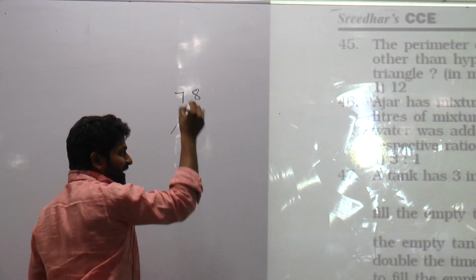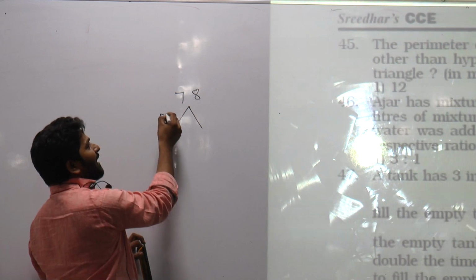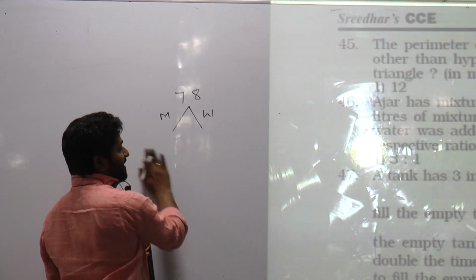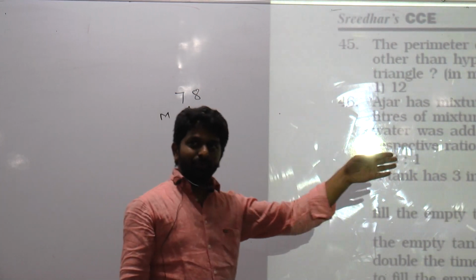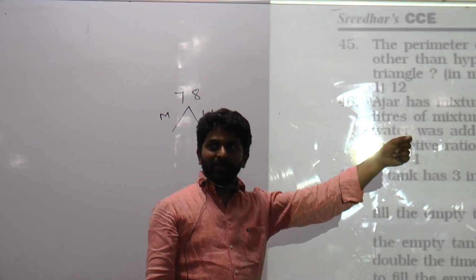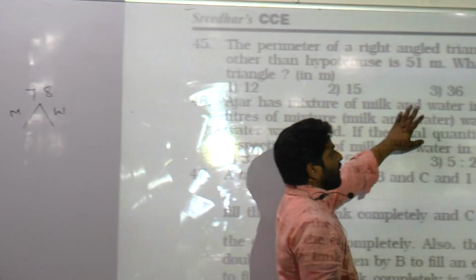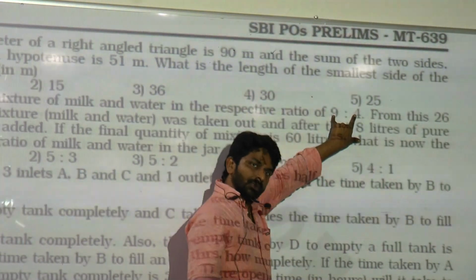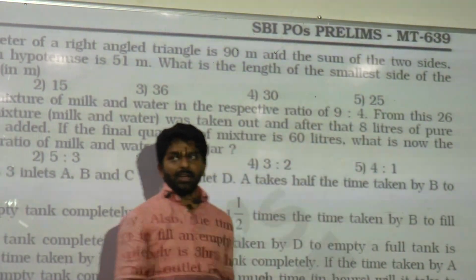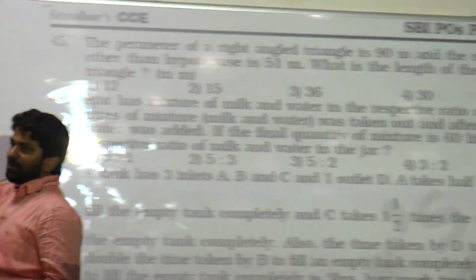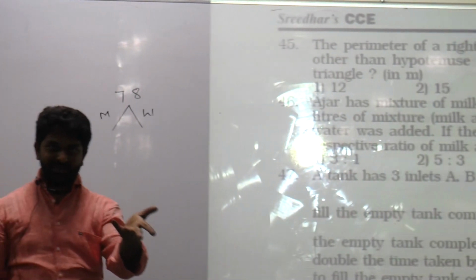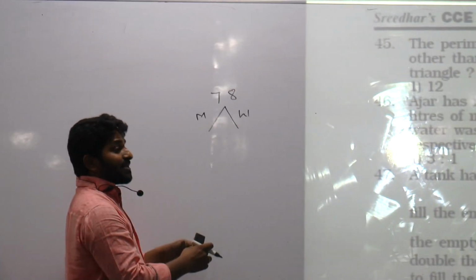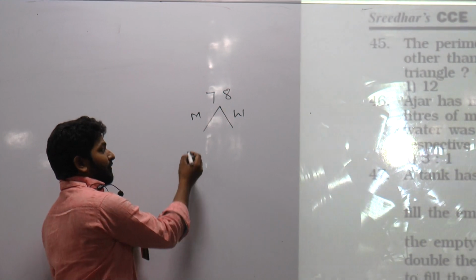Now in 78 liters, I have milk and water which in the ratio 9:4. Total how many parts we have? What is the milk and water ratio in initial container? How many parts? 13 parts. So 13 parts is equal to 78. 1 part is into 6. Milk is 9 parts. 9 into 6? 54.